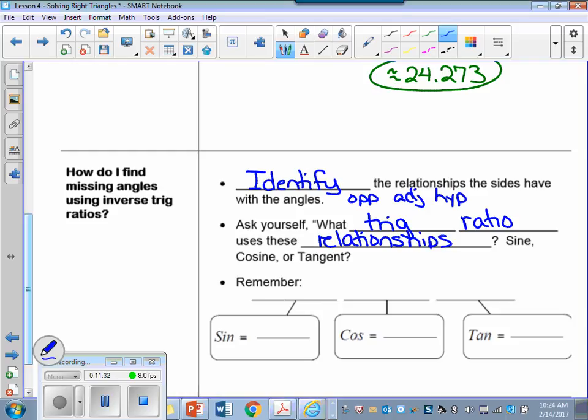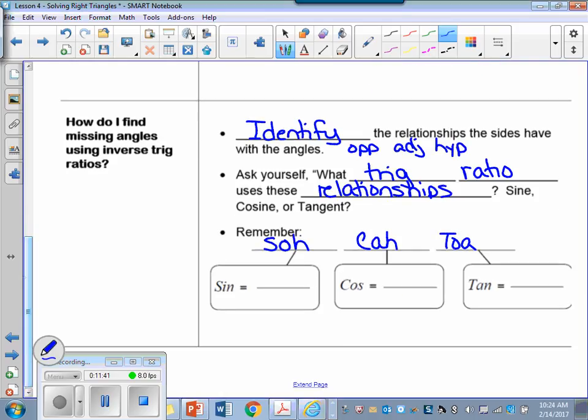We're going to remember SOHCAHTOA, because it all comes back to the relationship that sine is opposite over hypotenuse, cosine is adjacent over hypotenuse, and tangent is opposite over adjacent.